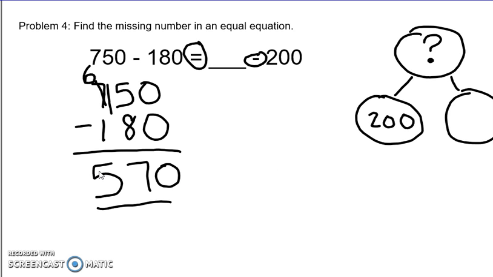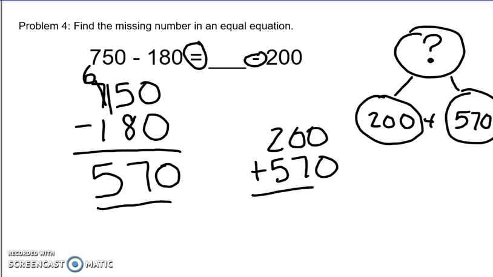And then my answer from the other problem is going to be the other part. When I am missing the whole, I need to add my two parts to find the missing whole. So I'm going to add 200 plus 570 in order to find my total.